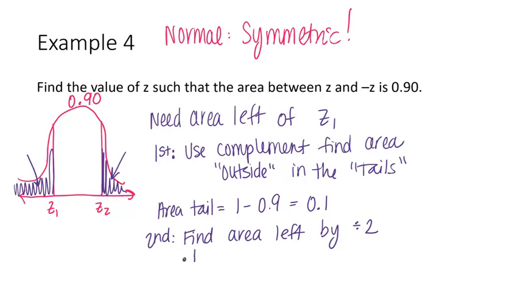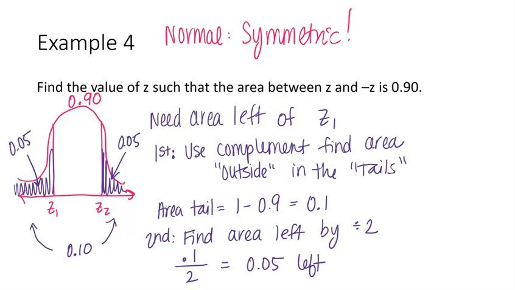If I've got 0.1 between the two of them, when I divide it, I have 0.05 on just the left side. The joys of symmetry. That means I can look at just left as 0.05.